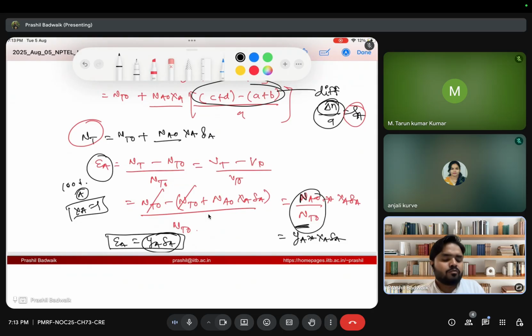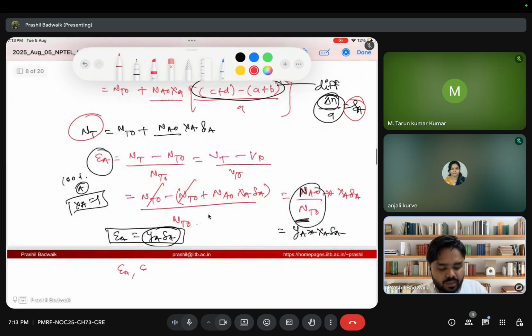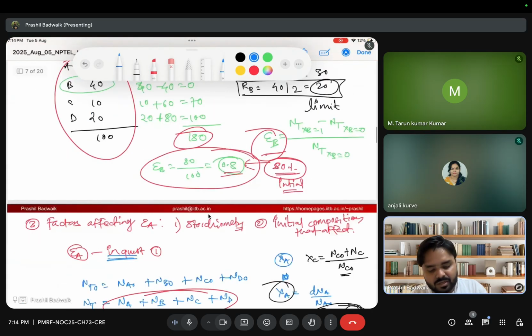So using this formula also you can calculate what is epsilon A, epsilon B, epsilon C, epsilon D and all, right? You can calculate those values because you know what are the number of moles initially present, Na naught or Nb naught or Nc naught. Here that we have seen, these are the initial moles.